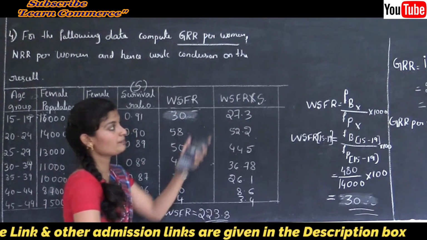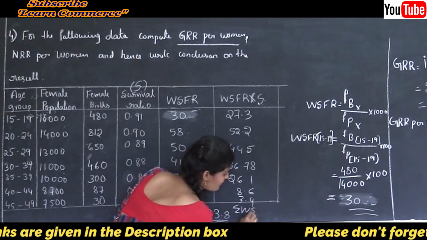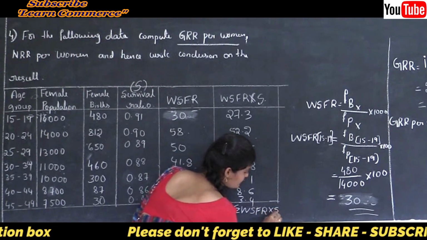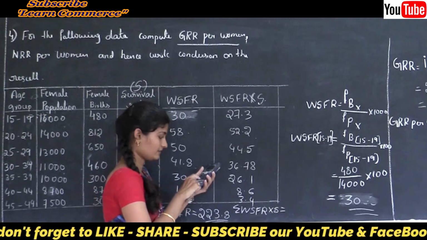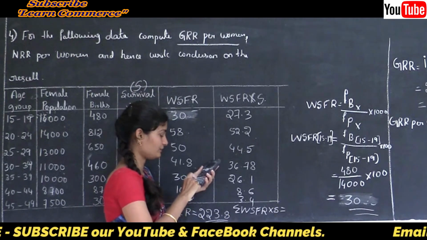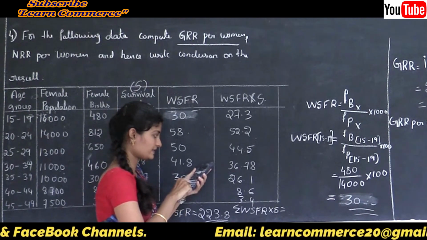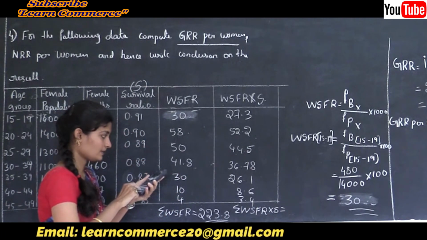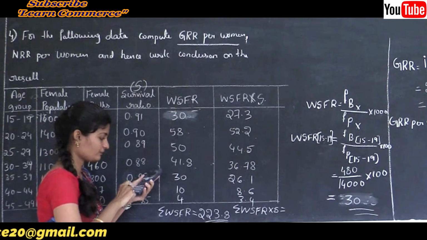Now based on our formula we need to calculate the sum of WSFR into S, that is 27.3 plus 52.2 plus 44.5 plus 36.78 plus 26.1 plus 8.6 plus 3.4.